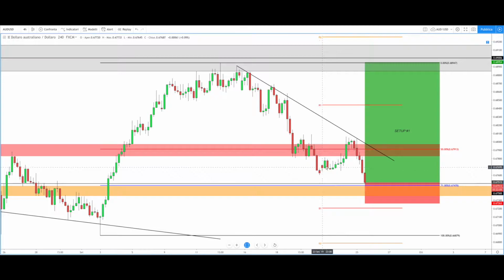This week the price opened with this small bullish gap, but immediately after the weekly opening the price found the strength to start a bullish movement that yesterday afternoon brought it above this slowdown area.